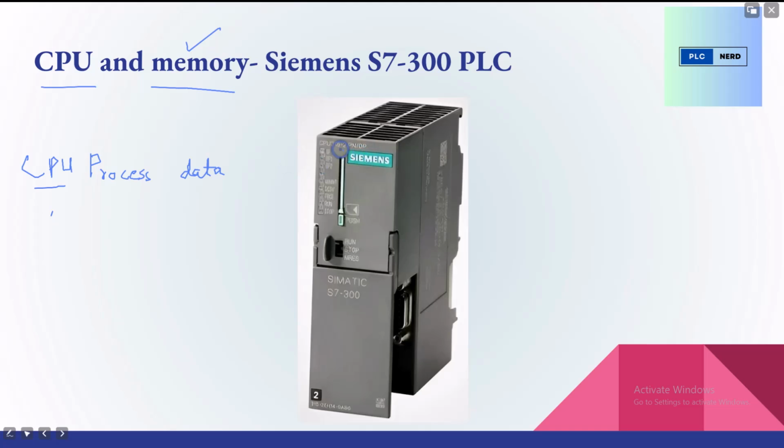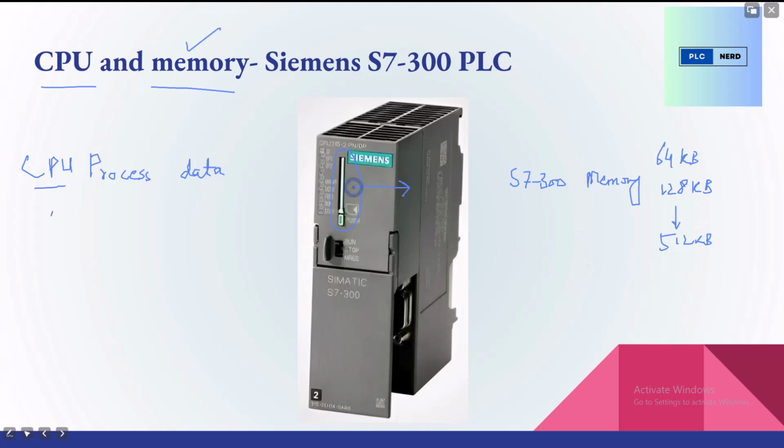As you can see, this socket holds the memory card, the S7-300 PLC memory card. It may have 64 KB or 128 KB of space, and it can go up to 512 KB in typical cases.